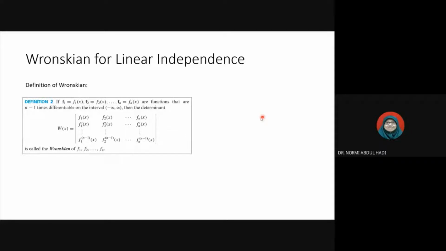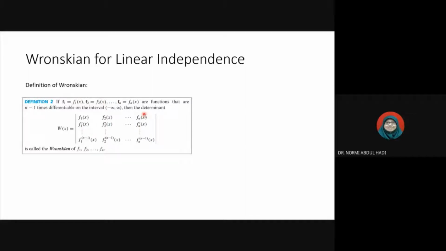Let's say we have n functions, f1, f2, until fn, and all of these functions are differentiable. The Wronskian is the determinant of these functions and their derivatives.